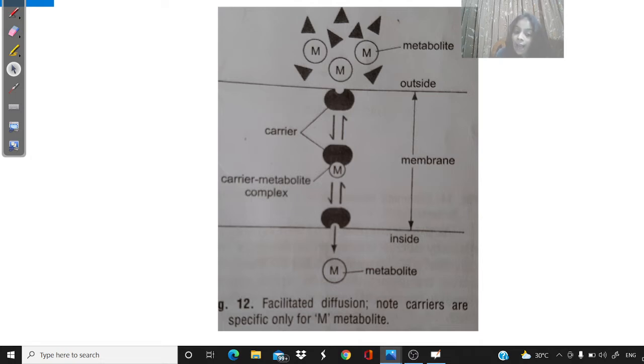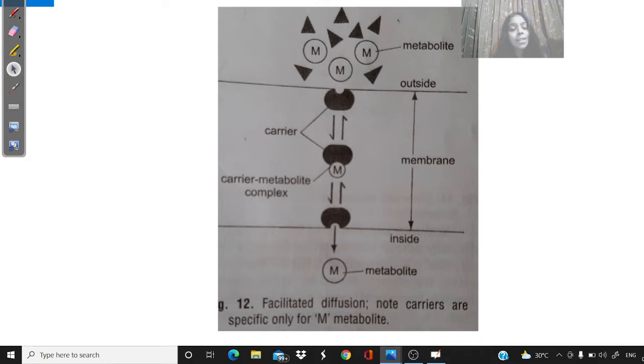Now once this carrier metabolite complex is formed, then the carrier can carry the metabolite from this part of the membrane to the other part of the membrane. So this was outside the membrane and this is inside. So this is how the metabolite, which could not have passed, takes the help of the carrier and then crosses the membrane, goes to the other side of the membrane.